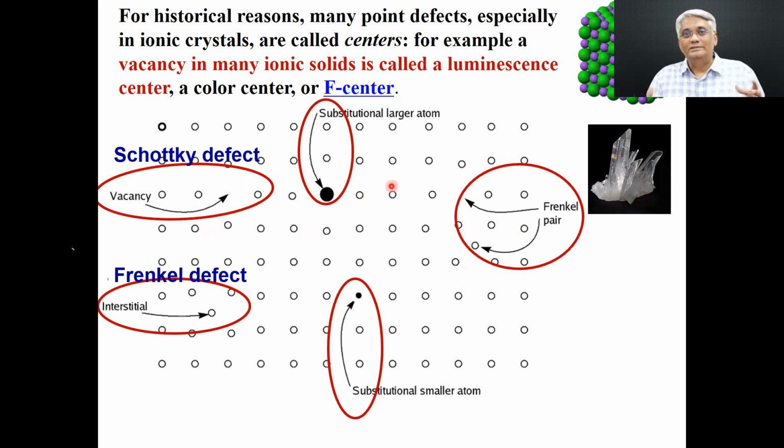And in today's technological applications, I told you the best example is the diamond, where you have nitrogen replacing carbon. The diamond lattice is made of carbon atoms.